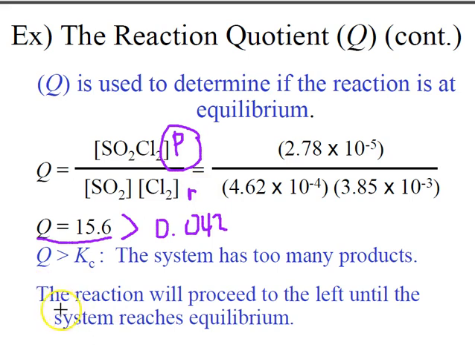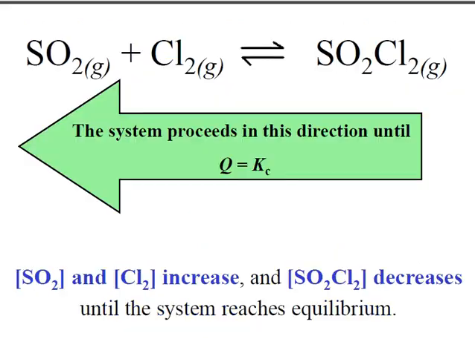If Q is too large, the reaction will proceed to the left where the reactants are, so that the reactants go up and the products go down until the system reaches equilibrium, or until that ratio is 0.042, as we see for K. So Q tells us whether or not we're at equilibrium, and if we're not, it tells us which direction we need to go, left or right, to reach that equilibrium, so toward the reactants or toward the products.